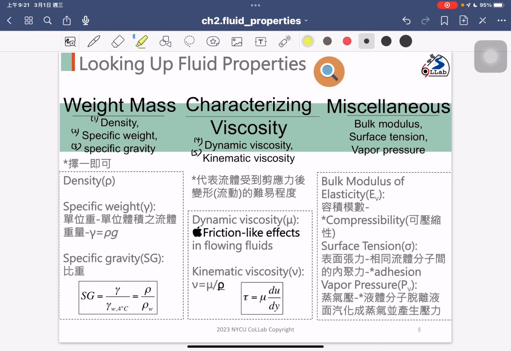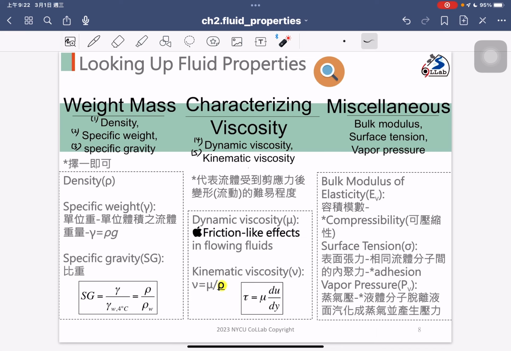The most important thing is the density shown here. The mu here is the dynamic viscosity, and it can be defined by the relationship between the shear stress and the velocity gradient. I will teach more detail in the following class.